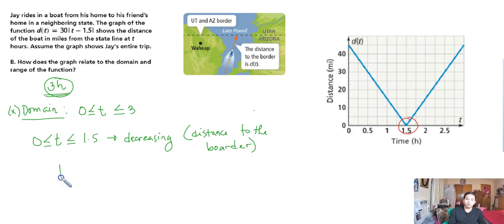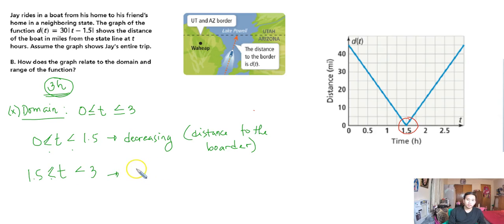However, if t is greater than or equal to 1.5 but less than 3, I'll remove the greater than or equal here. It must be greater than 1.5, including this one, and less than 3.